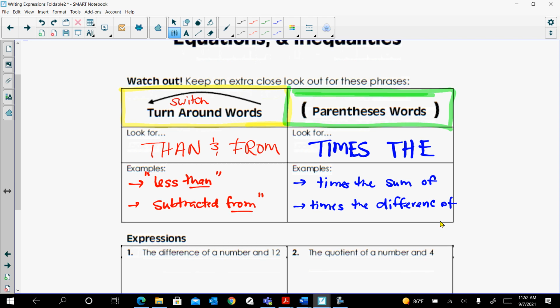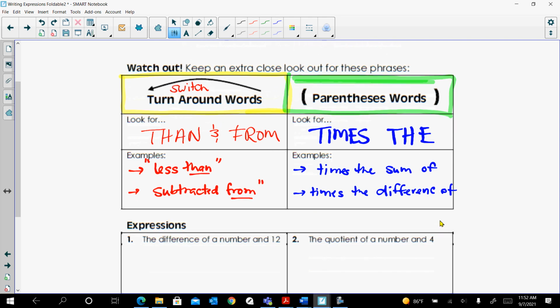So the way I'm going to do this is I'm going to see if we can first, for these examples, we're going to let n represent a number. So we're going to use the variable n to represent a number.